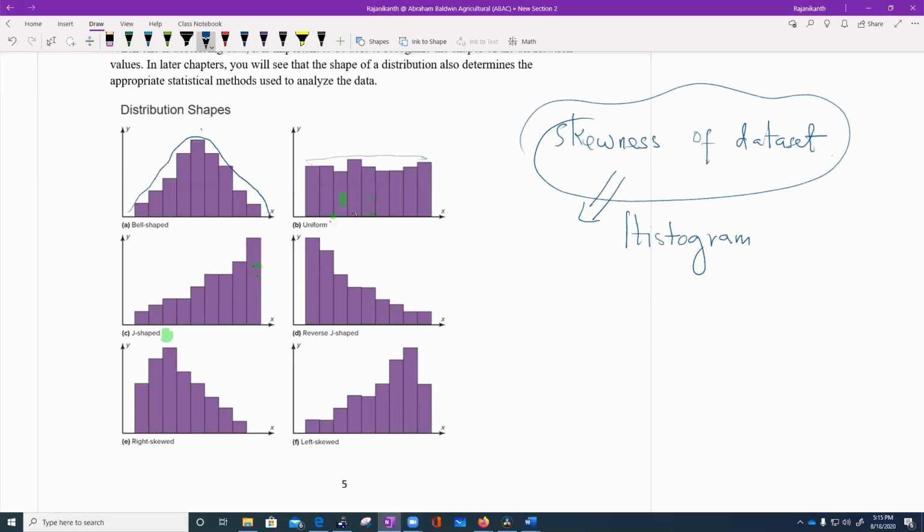After drawing your histogram, if you see all the blocks going all the way down, it's like the letter J. That's what we call a J shape. So this is a reverse J shape.